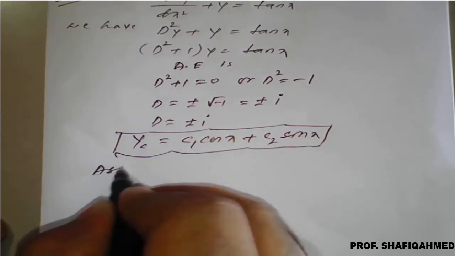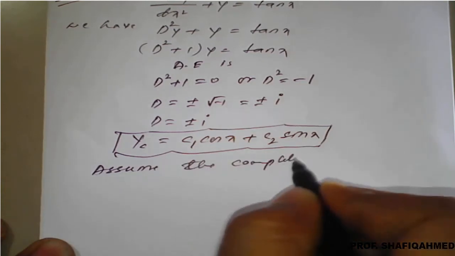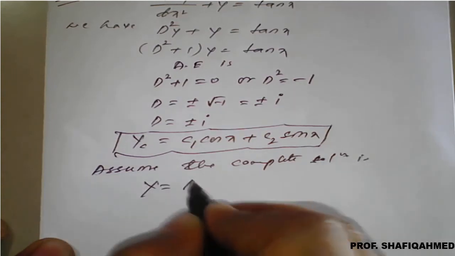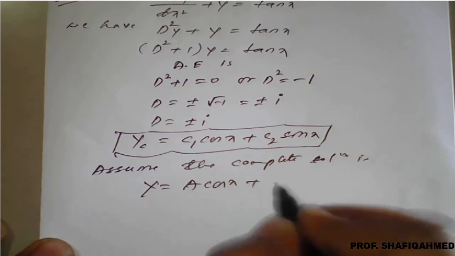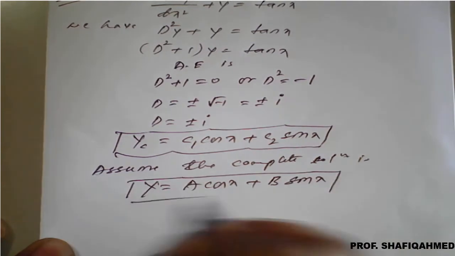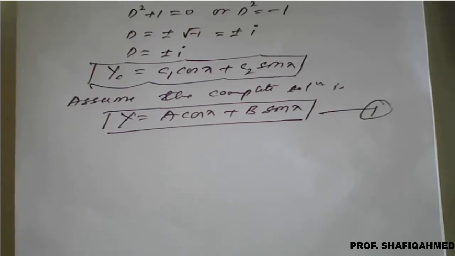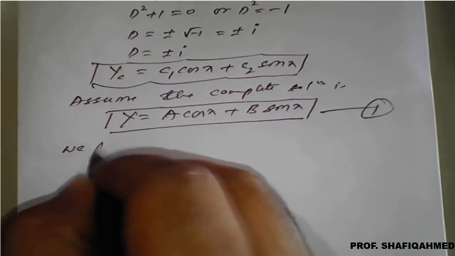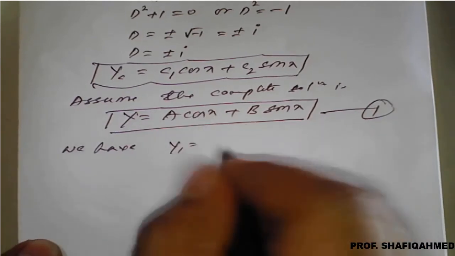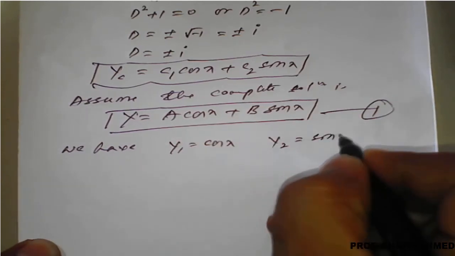So assume the complete solution is y is equal to A into cos x plus B into sin x. Your equation number 1. Now we have the value of y1 is this, coefficient of A is cos x, value of y2 is sin x.